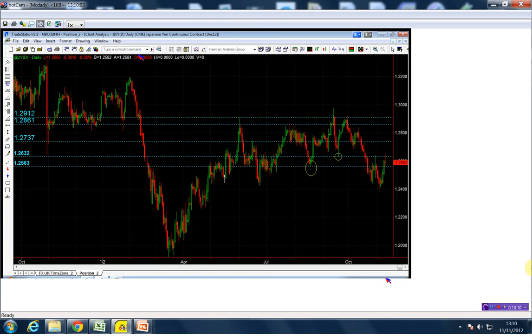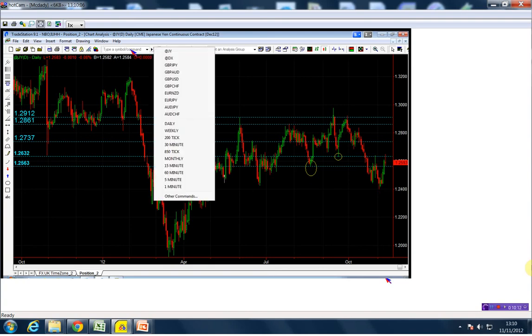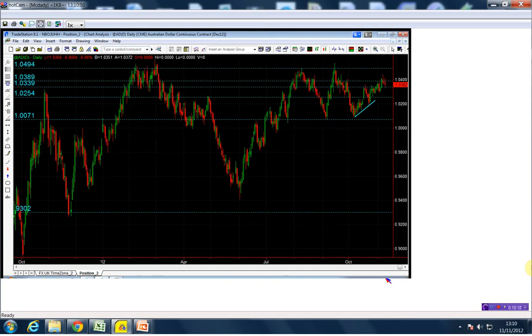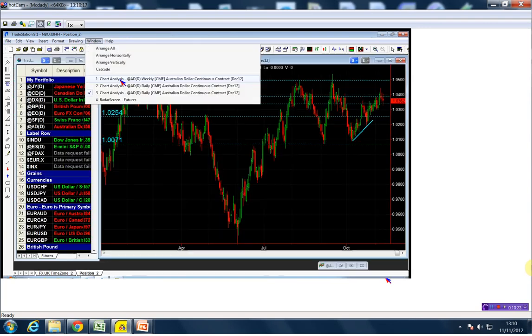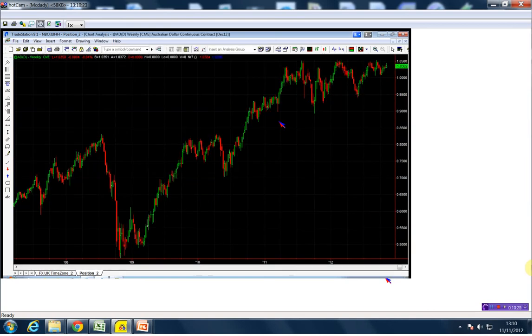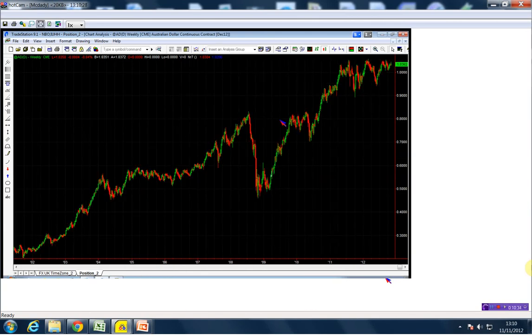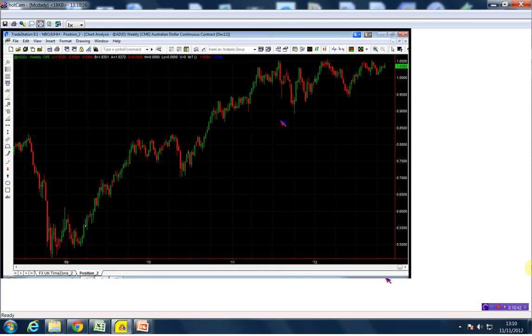The next one we're going to look at is the Aussie dollar. This is a clean chart. I always like to have a clean chart that doesn't have any lines and stuff like that, so at least I can have an unbiased view. Of course, we are pretty much near all-time high in the Aussie dollar, but the Aussie dollar has been coiling as of late, and on the weekly it is still strong.